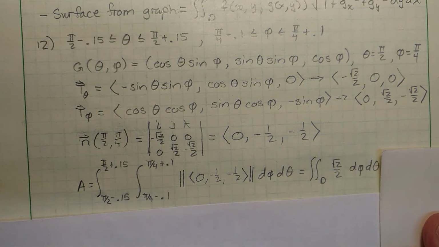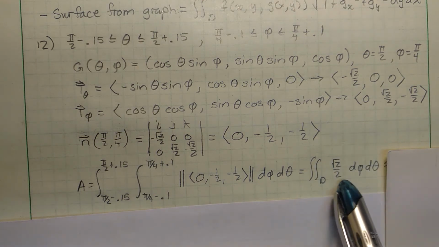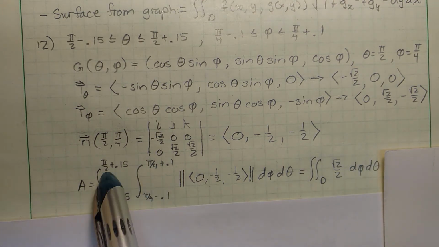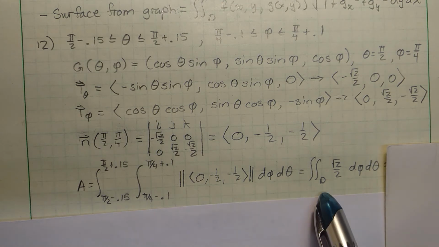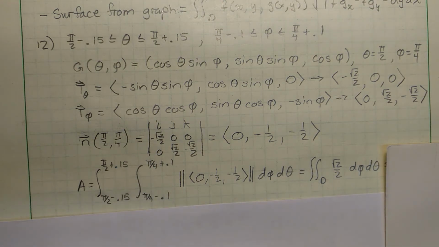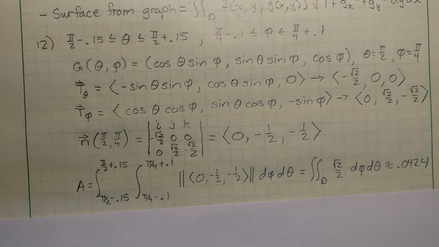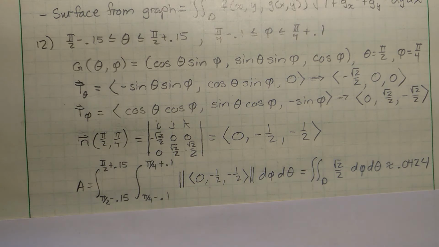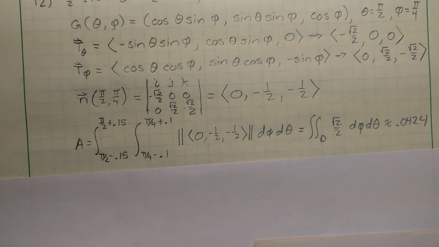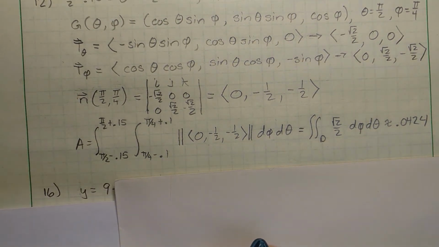With these limits, it's a calculator problem. I just put the D here because I didn't want to type these in again. But punching these into the calculator, we get an approximate value of 0.0424. So that's 12. All right, let's look at 16.